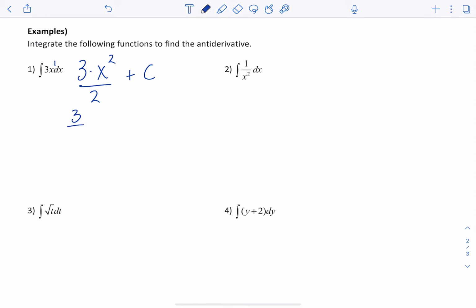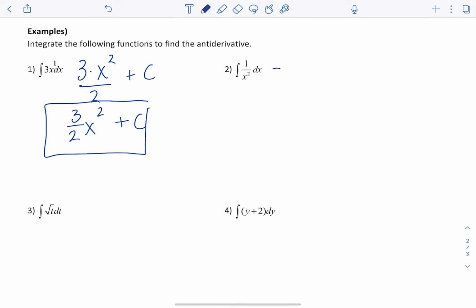I typically will write this as 3 halves x squared. I'll typically bring the fractions in front, but that's going to give us our answer. And you can always check by taking the derivative. What happens when you take the derivative here? You bring down the 2, leaving you with 3x, which is what we started with.